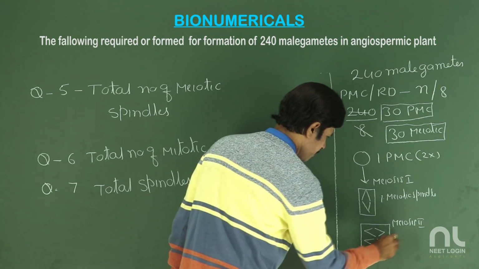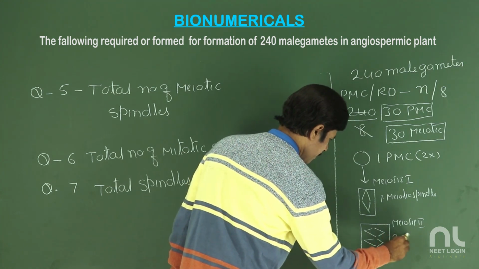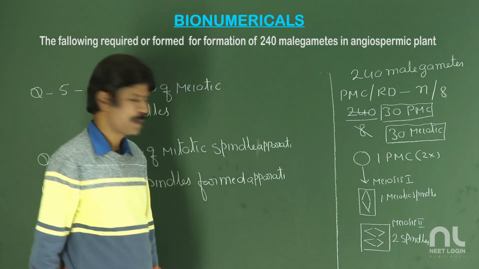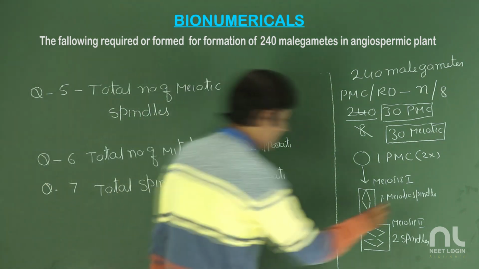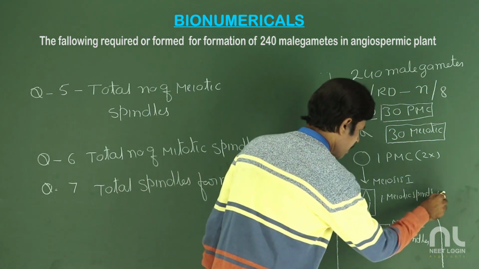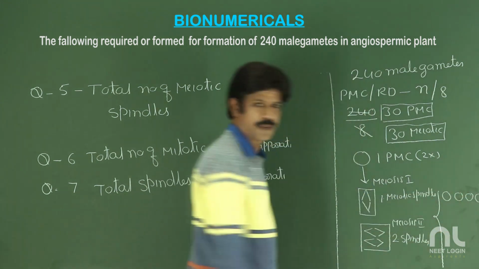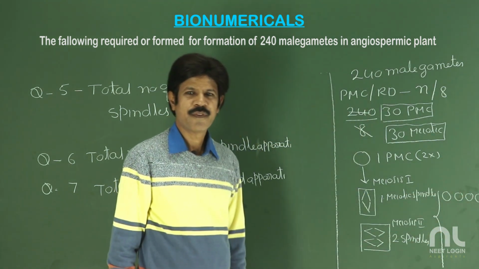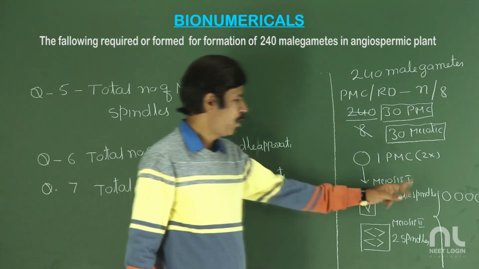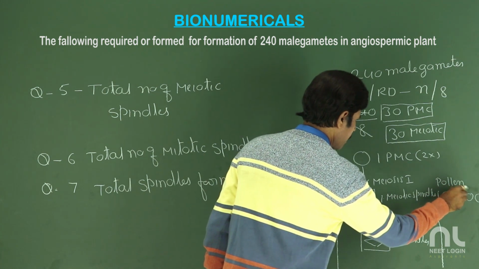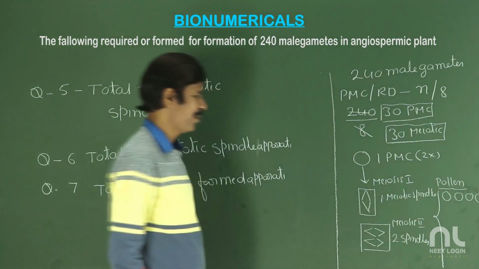Meiosis 2: two spindles. So 3 spindles are formed. Four pollen grains are formed.